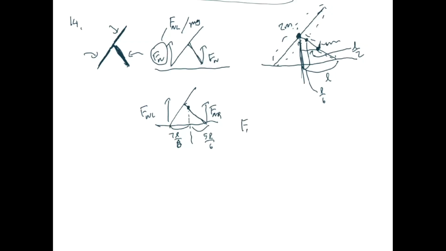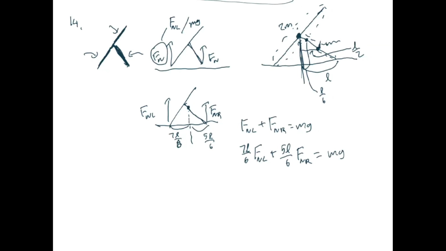First of all, we have to have force balance. So the sum of the two normal forces must be mg. But also we need to have torque balance. So 7L over 6 F_N,L plus 5L over 6 times F_N,R equals mg.